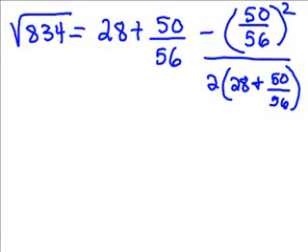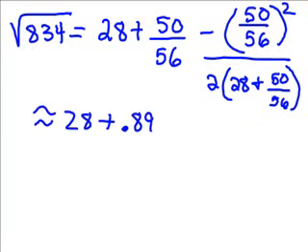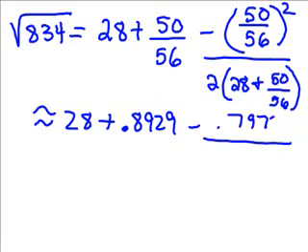And again, it's just a question of really using your calculators to keep going. And I rounded everything when I worked this out to the nearest 4 places. So first I have 28 plus 0.8929. That's what 50 divided by 56 is. Minus, now the top, 50 over 56 quantity squared, should give you 0.7972.